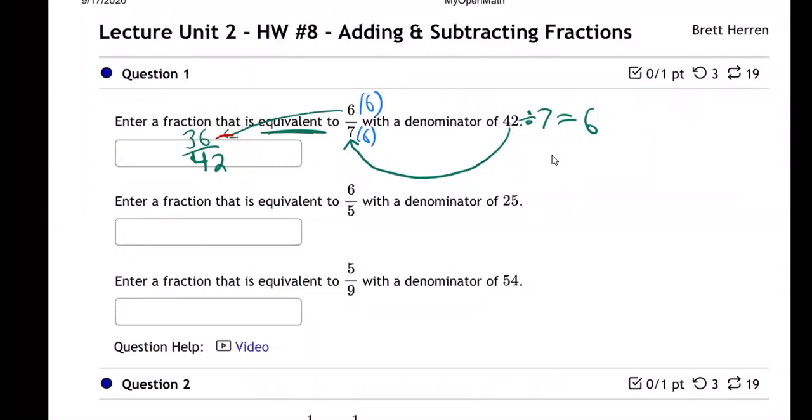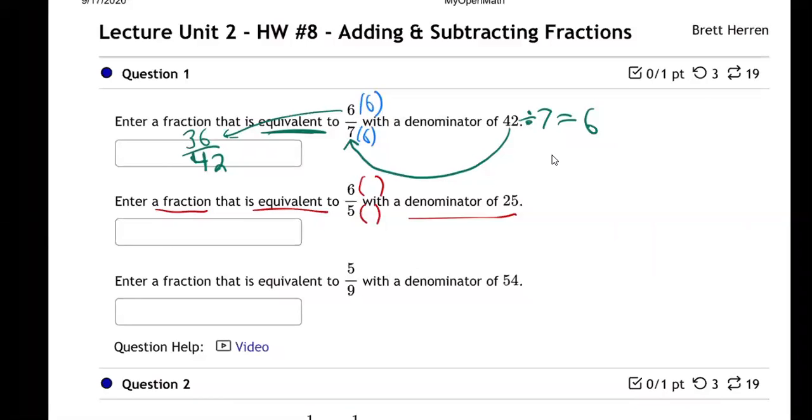Good. We good with that? Remember all that kind of stuff? So that's making a new denominator. How about the second one? 6/5. Want to find a fraction that's equivalent to 6/5, denominator 25. So what am I going to do there? Multiply top and bottom, right?